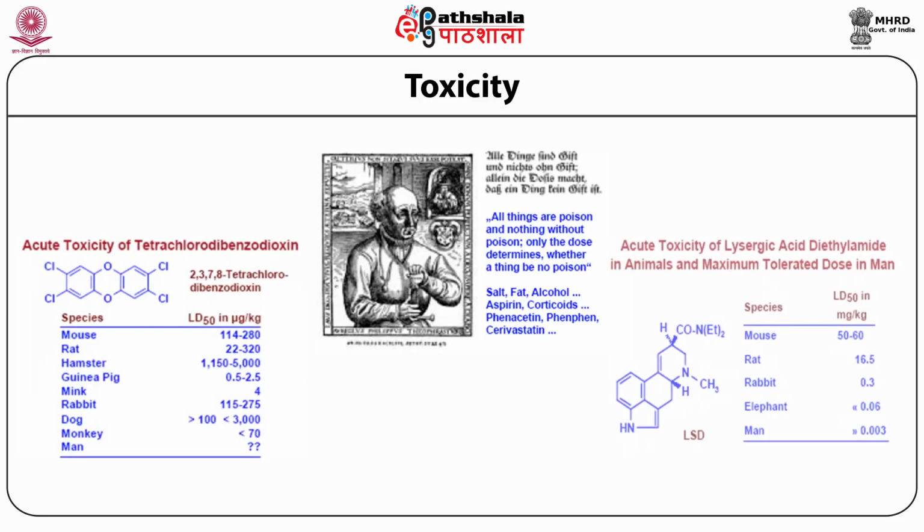However, if you look at the two tables shown on the left-hand side and right-hand side, there are two very famous compounds. The left-hand side has tetrachlorodibenzodioxin, which is a very important one. If you look at the LD50, that is the killing dose, almost the lethal dose, in microgram per kg, you can very well see the mouse and rat are systematically different from the hamster.